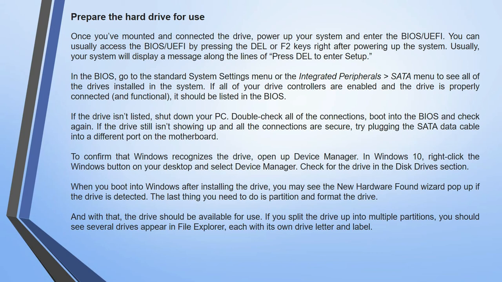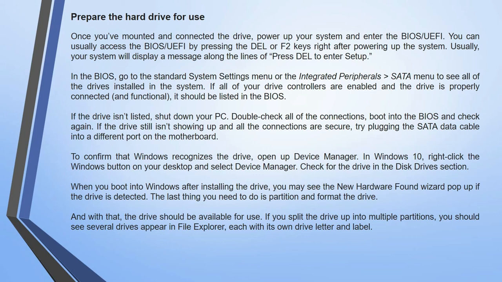To your setup screen. Usually your system will display a message along the lines of press Del to enter the setup. So after pressing, in the BIOS, go to the standard system settings menu or the integrated peripheral option.